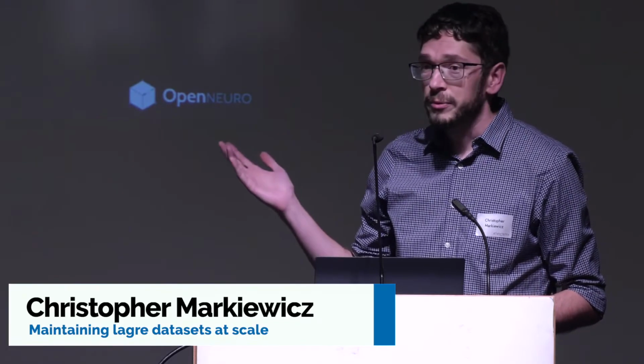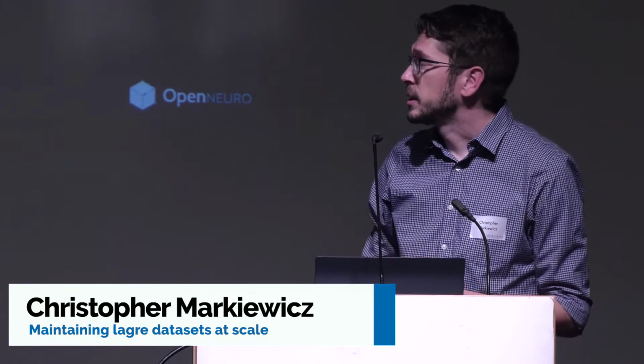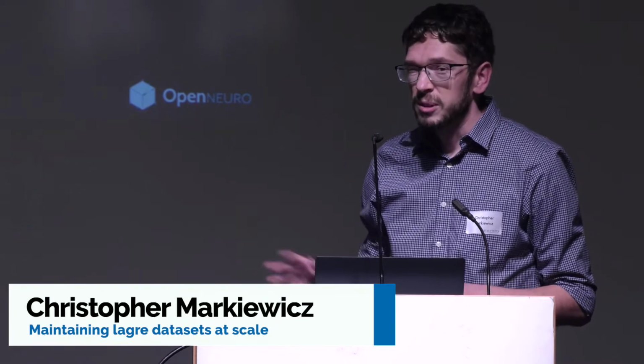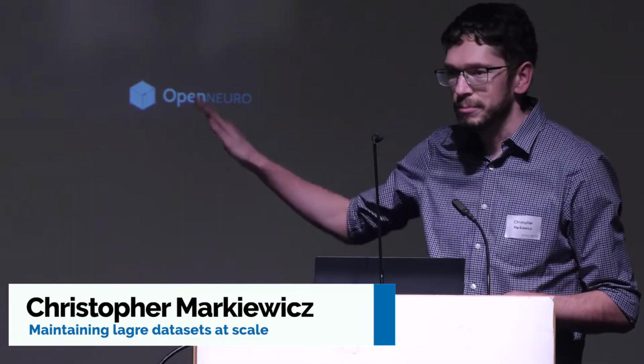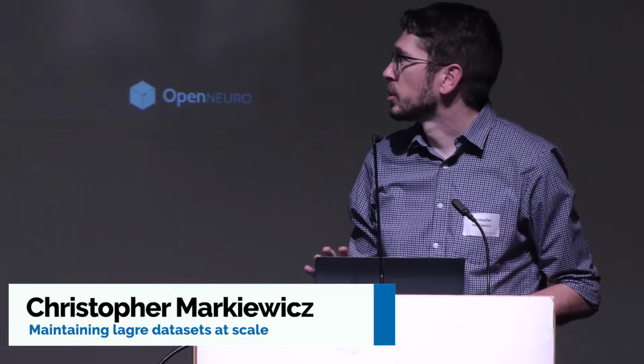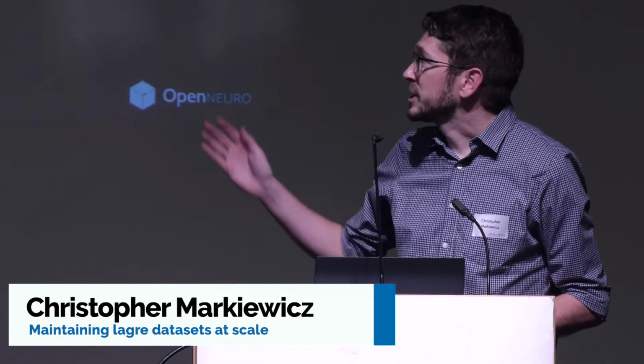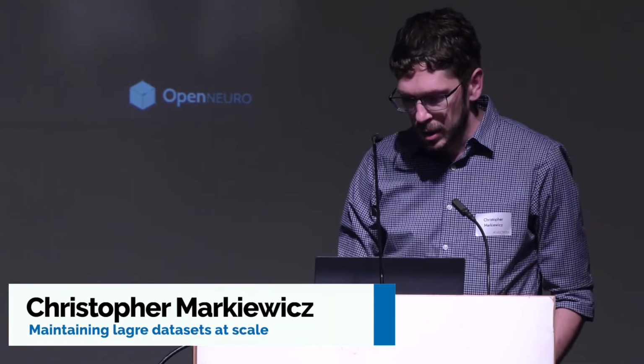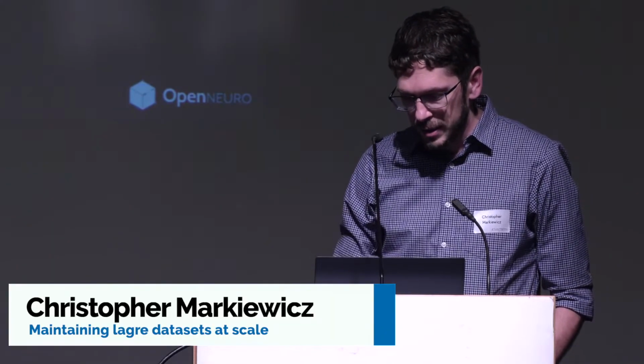Currently, we have about 1,500 public datasets, another 1,300 or so private, mostly people just playing around with the system, so I wouldn't worry too much about that. That's about 65,000 participants, and this is all dominated by small datasets, as opposed to these large consortium efforts.